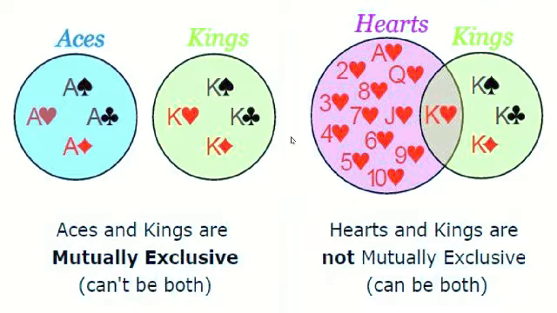Okay, so example. So, let's put our examples into figure. So, ito yung probability natin na ace or kings can be drawn from a deck of cards. So, ang ace natin ay 4, then ang king natin ay 4 din. So, therefore, they are mutually exclusive. Magkaiba yung kanilang element, kaya mutually exclusive. Then, dun tayo sa kabila.